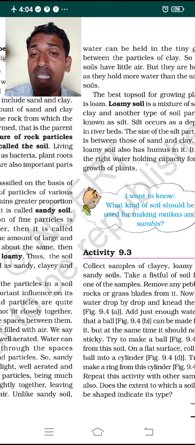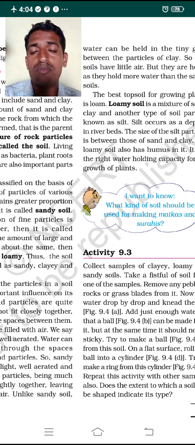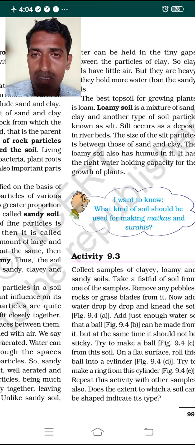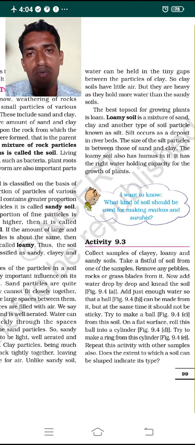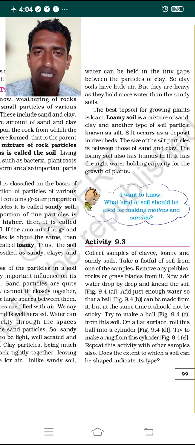It can hold more water, because the clay particles are tightly packed together. They are also very heavy, and can hold more water as compared to sandy soil.